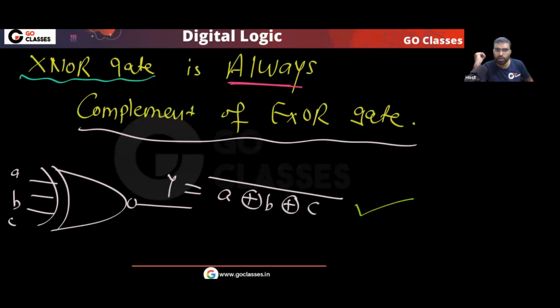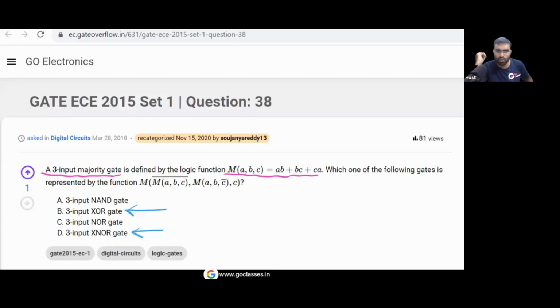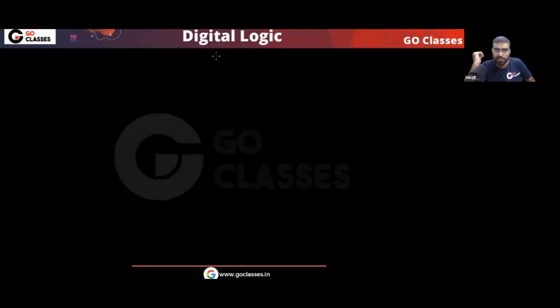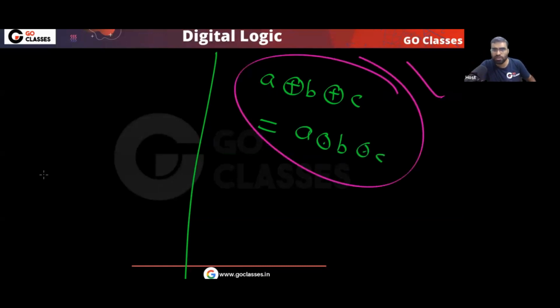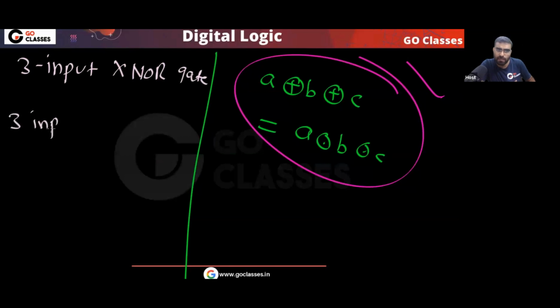So they are complement of each other. 3 input XOR gate, 3 input XNOR gate. See, the difference is this. If you notice, this equation is equal to this equation. Yes, these two equations are same. But these two things, 3 input XNOR gate and 3 input XOR gate, they are not same.